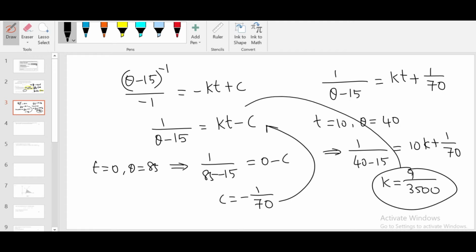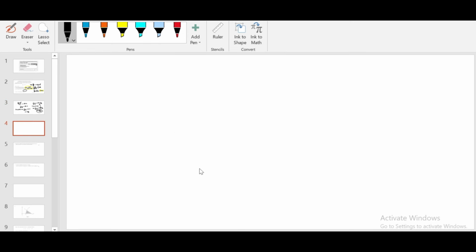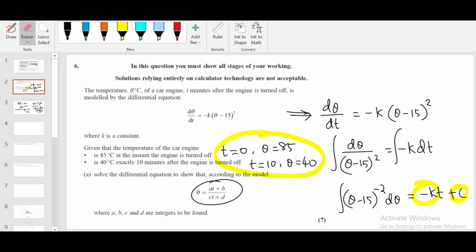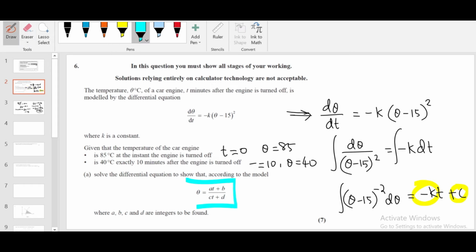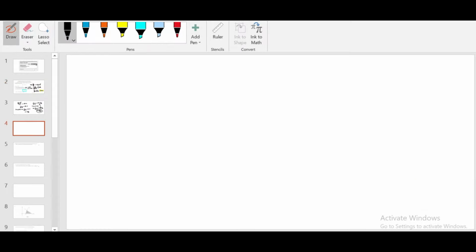Sub in the value of k also in here and then make theta the subject. We need to write theta in this format, at plus b over ct plus d. So you see how I'm doing it. 1 over theta minus 15 is equal to kt.